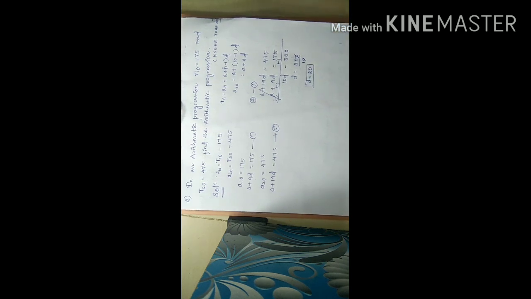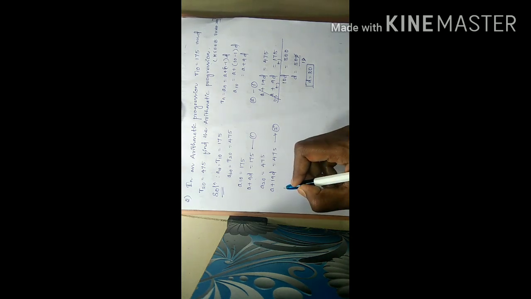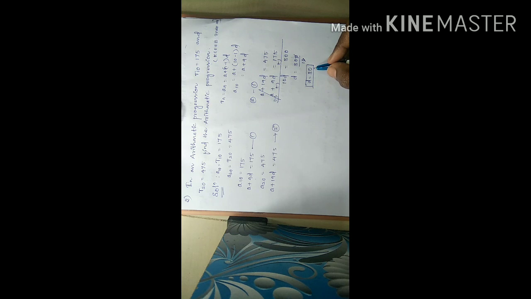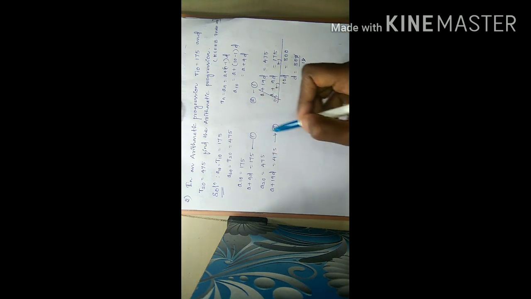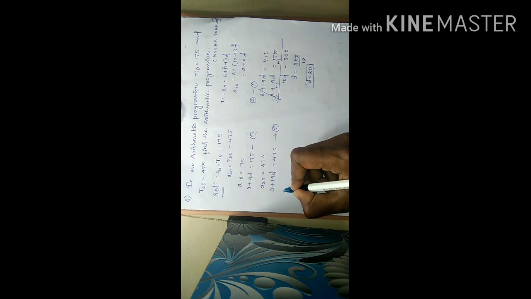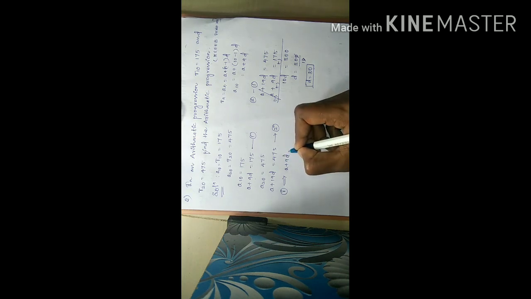Now we know the D value. Let me find out A. So substitute the D value in any one of the equations, either equation 1 or equation 2. So equation 1 implies A plus 9D is equal to 175.